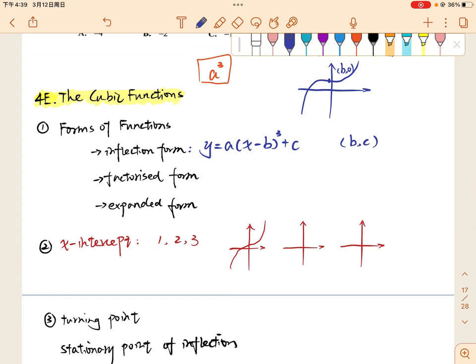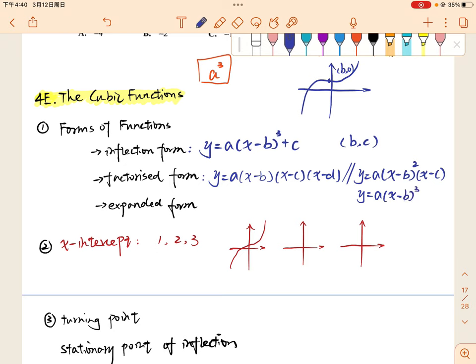And second, we might have the factorized form, when we factorize a polynomial into 2 or 3 brackets times together. So you might have y equals a times (x minus b) times (x minus c) times (x minus d), or you might have y equals a times (x minus b) squared times (x minus c), or you might have y equals a times (x minus b) cubed.